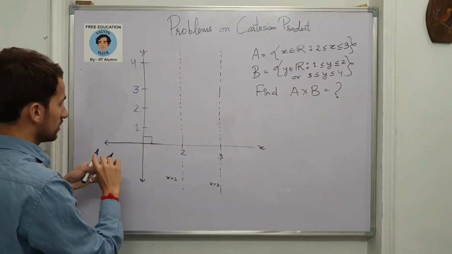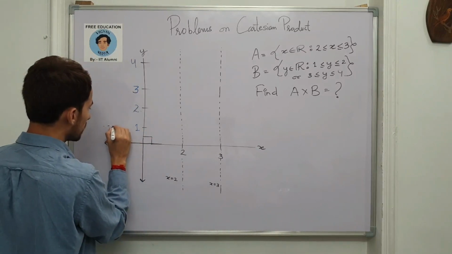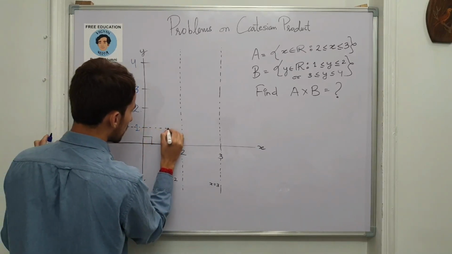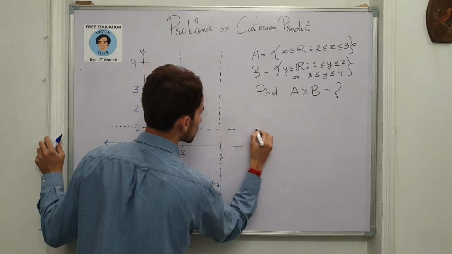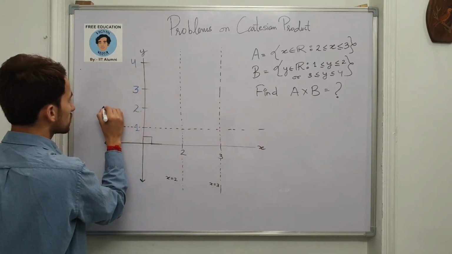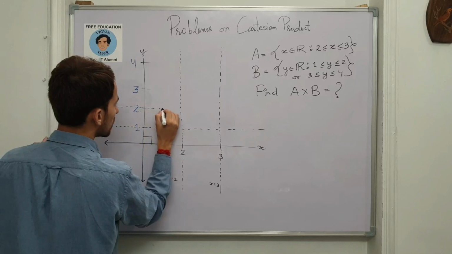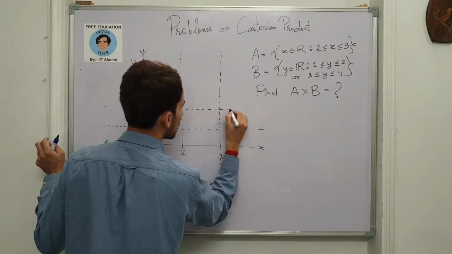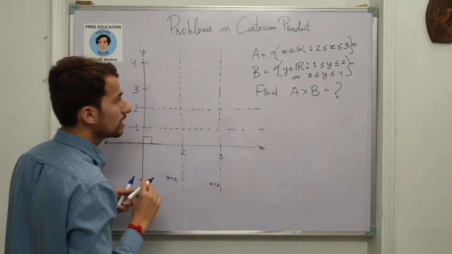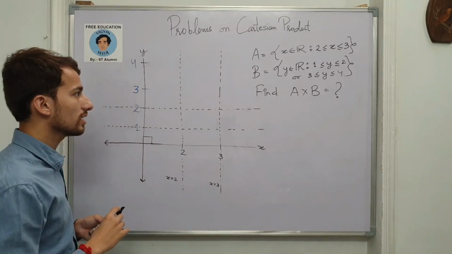So this is your y equals 1. Similarly, this is your y equals 2. Fine. Now you're asking the Cartesian product.